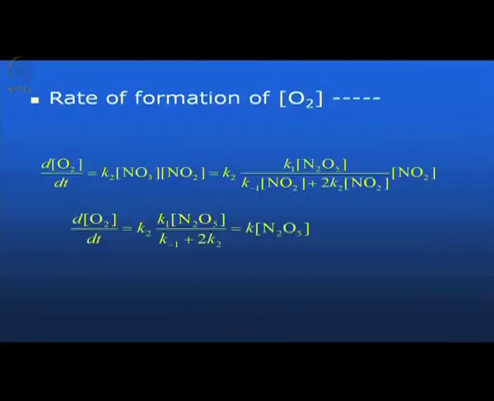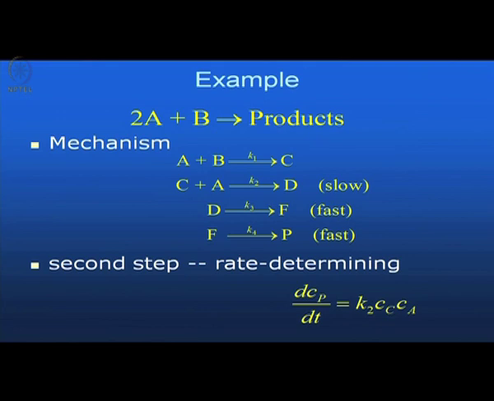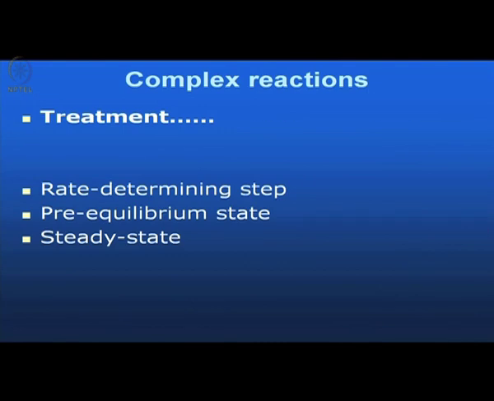Okay. So, what we have learned today, let us try to sum up. We are still in complex reaction, and treatment for the complex reaction is like you have to invoke the concept of rate determining step, that is the slowest of all the elementary steps involved in the mechanism.